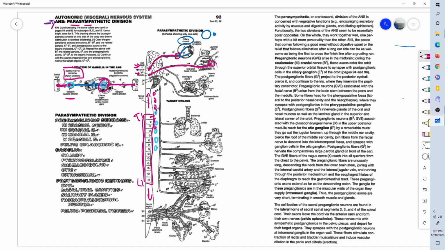So you see this long preganglionic neuron, and again, a very short postganglionic neuron to innervate the lacrimal gland. This is your tearing gland that provides water for your eyes to remain moist. It also innervates the oral mucosa and the nasal mucosa, the mucous membranes of the mouth and nose inside.